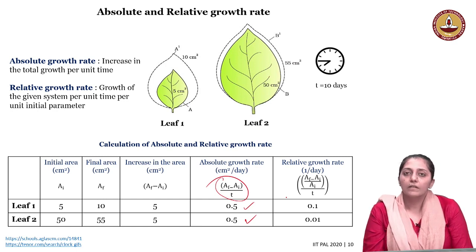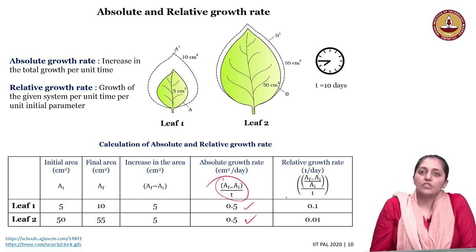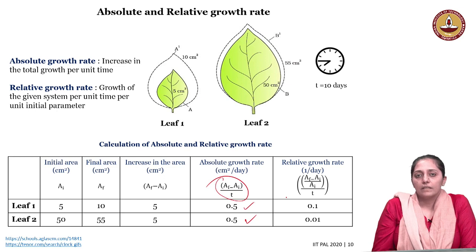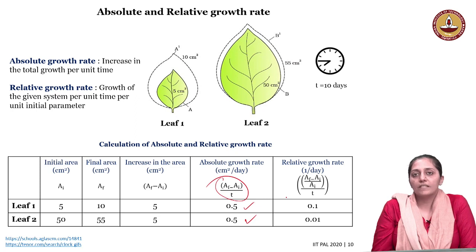So, here we were depicting the change in the area to monitor the growth. So, now initial area being different in both the cases, if we use that also in the expression, we should be able to negate the effect or the difference in the initial values of the area.